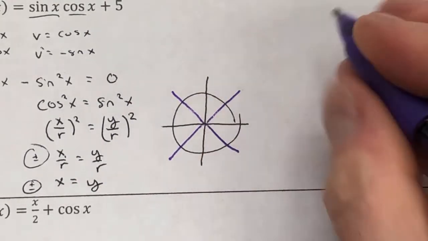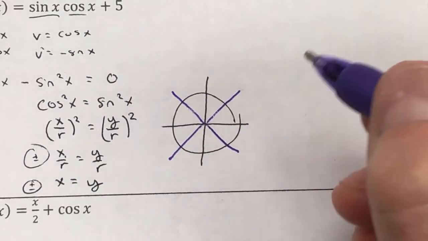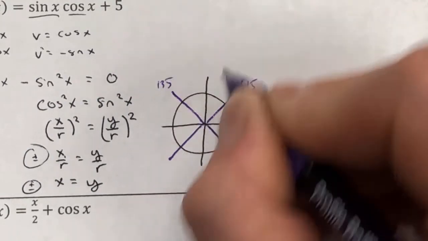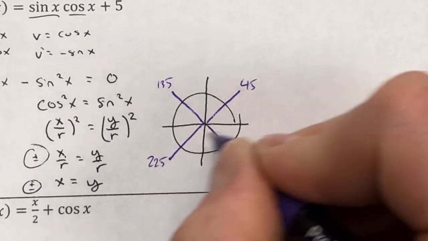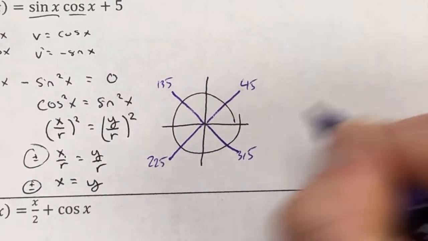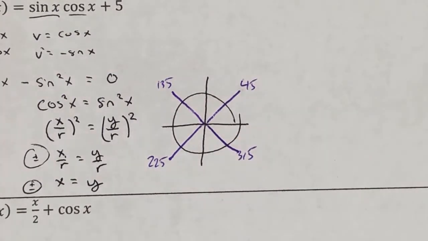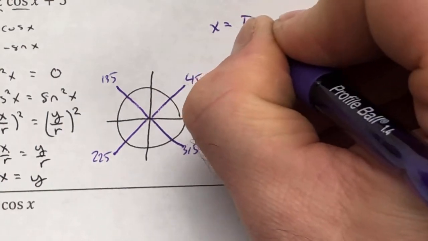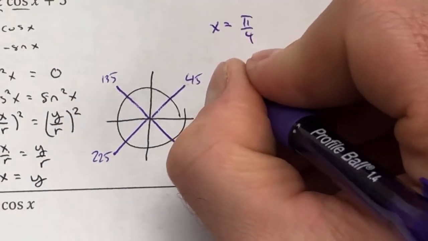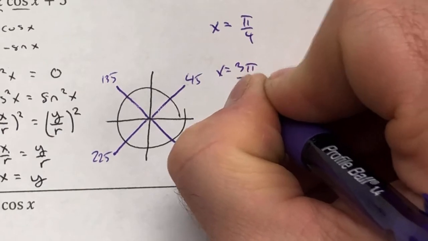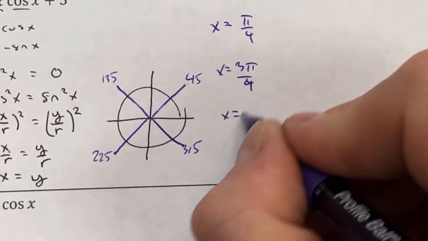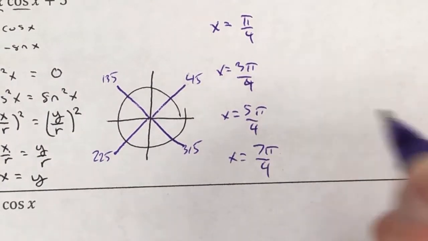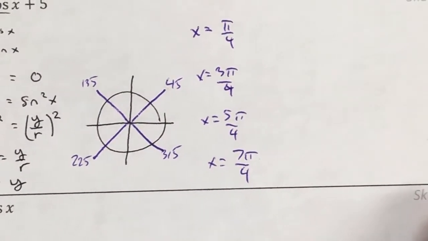Not at the 90 degrees, but at 45, at 135, at 225, and at 315, which would be my values. x equals pi over 4, 3 pi over 4, 5 pi over 4, and 7 pi over 4. So I'm looking at those 4 values.